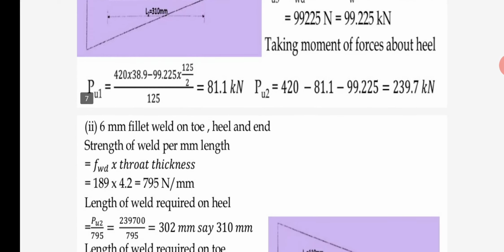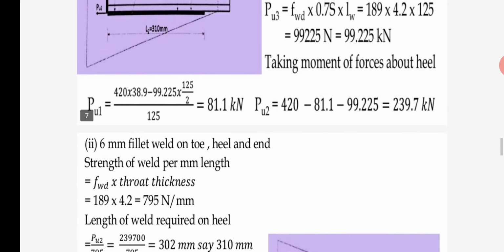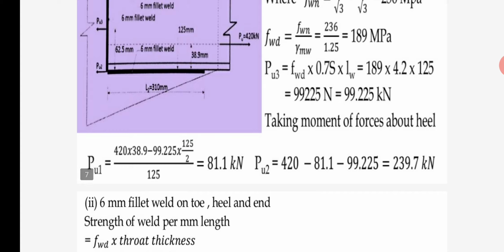Now taking the moment of force about the heel, we get PU1. It is 420, our P, multiplied by CXX 38.9, minus the other force PU3, that is 99.22 multiplied by 125 by 2, since it acts at the centroid of 125, and divided by 125.